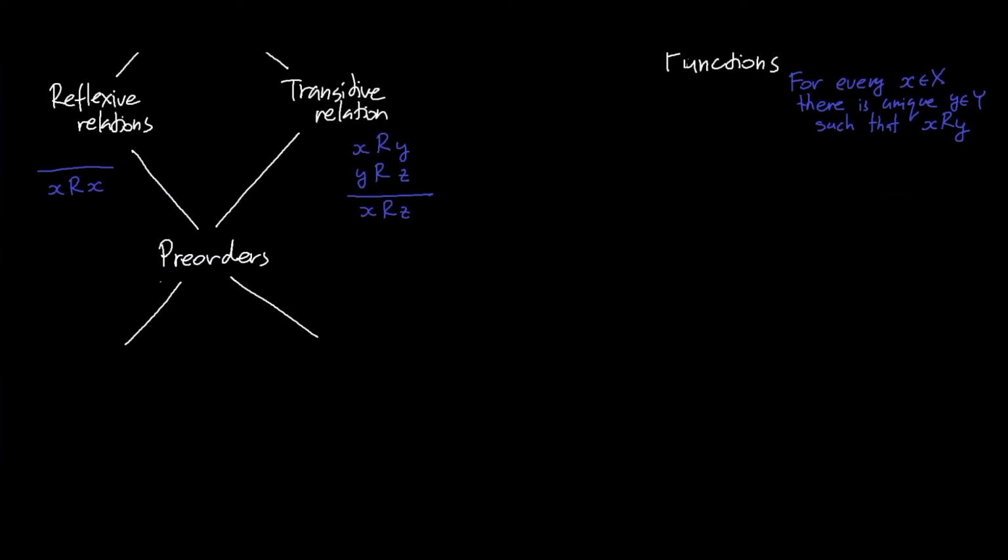So preorders satisfying the antisymmetry property, they're called total orders. Sorry, they're not called total orders yet. Total order is something still different. They are called orders, or sometimes partial orders. So let me keep with more standard terminology. So we'll have here partial orders.